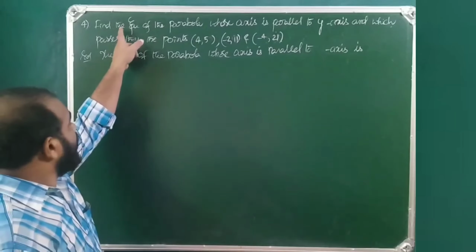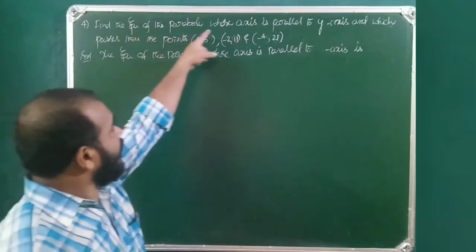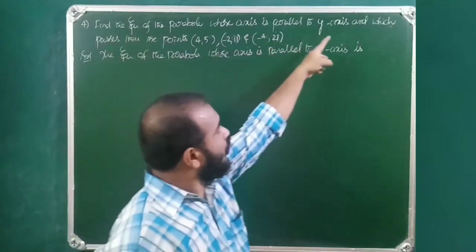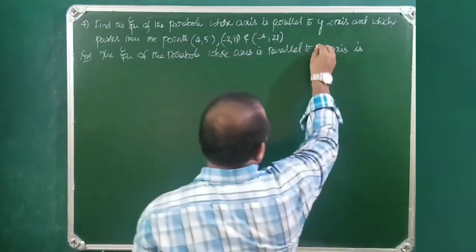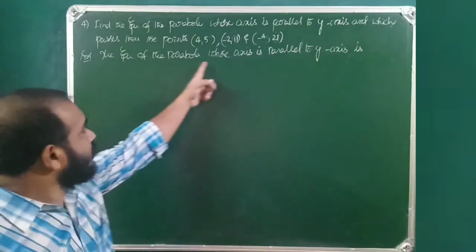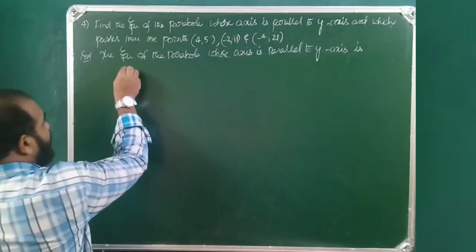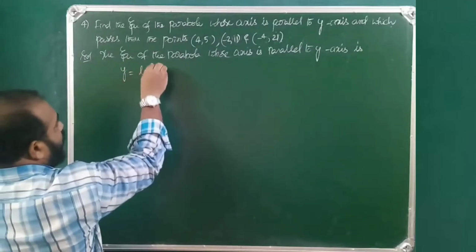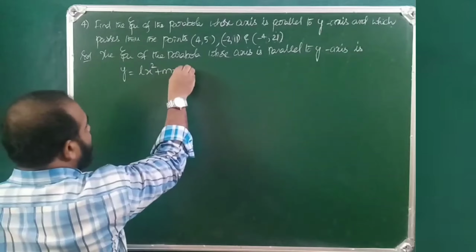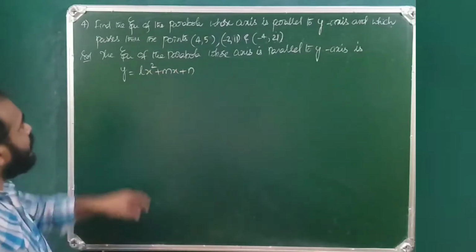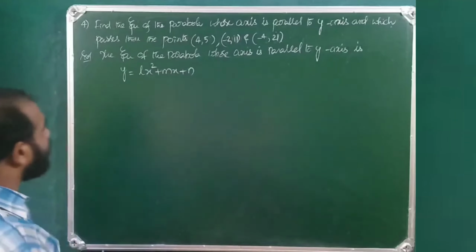This time, the equation of the parabola whose axis is parallel to y-axis. The equation of the parabola whose axis is parallel to y-axis is of the form y is equal to Lx square plus mx plus n. So this is passing through 3 points.